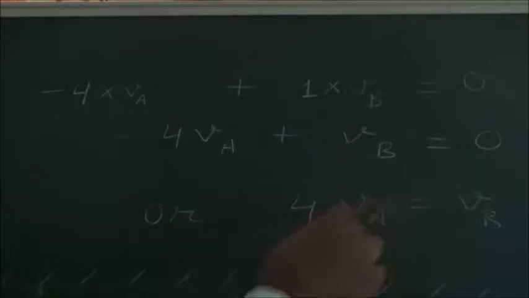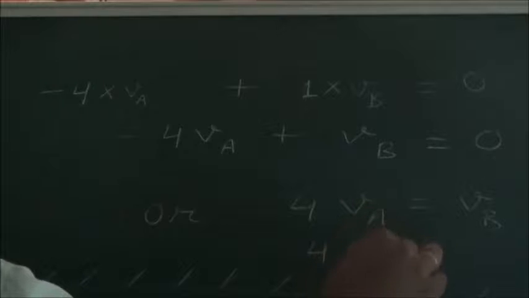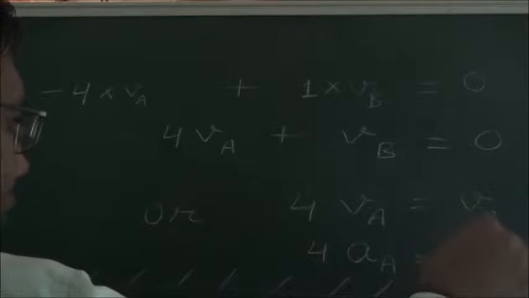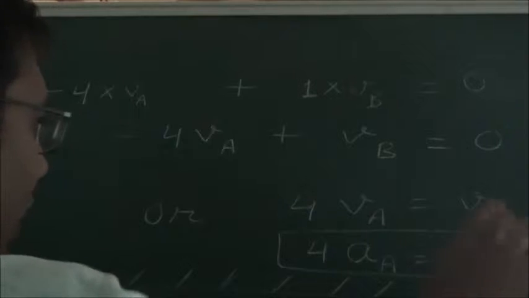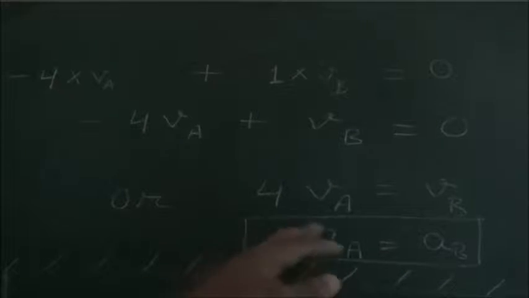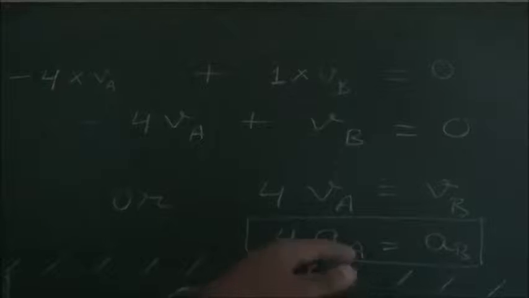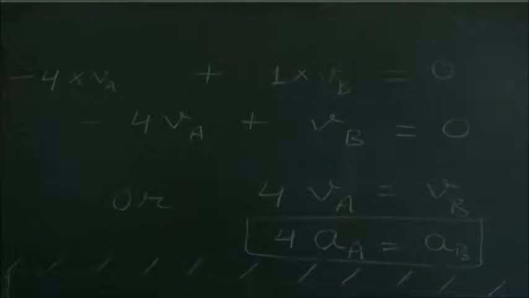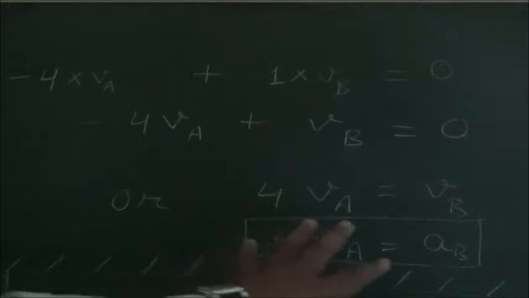On differentiating both sides with respect to time, we get 4 times the acceleration of A equals the acceleration of B. It means that the acceleration with which object B is accelerating upwards is 4 times the acceleration with which object A is accelerating downwards. So this is the constraint relation between the accelerations or velocities of the two objects A and B.